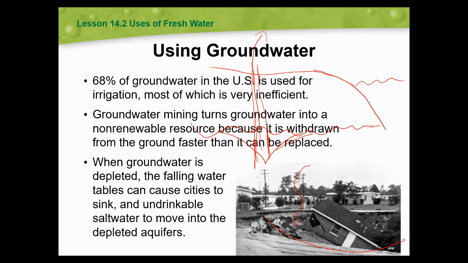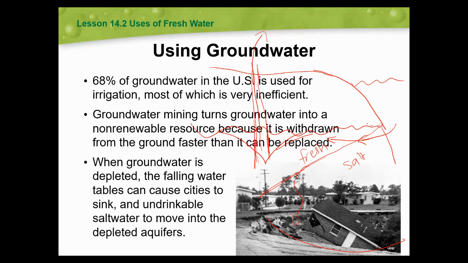And so instead of it running dry, what happens is it will actually pull salt water this way. So typically you have kind of a line where you've got salt water over here and fresh water over here under the continent. But if you're pulling that fresh water too quickly, you can pull the salt water in.